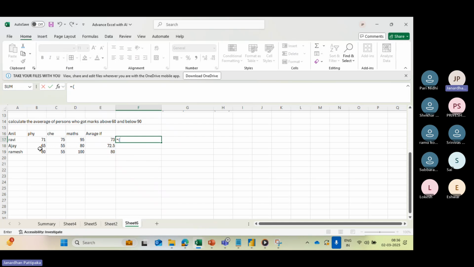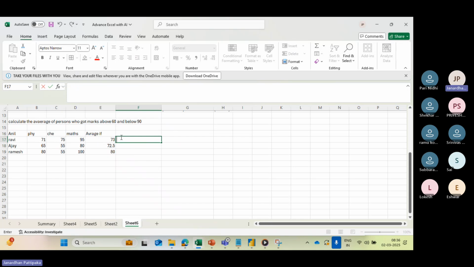It will calculate the average of persons. So 71 is falling between 60 and 90, right? The persons who got marks above 60 and below 90. That means 60 to 90. These are the two persons, like 71, 72. This person, you can mention 71. It will calculate.